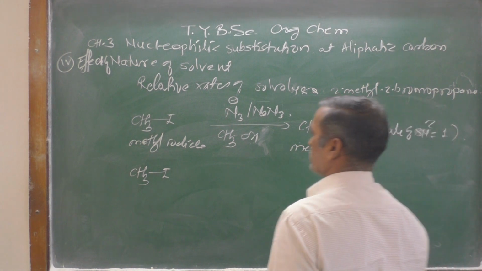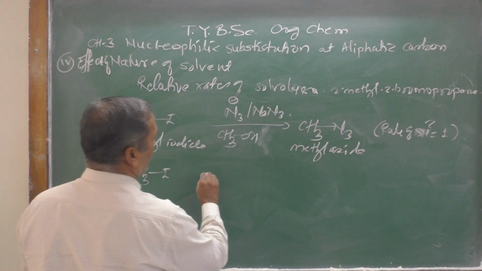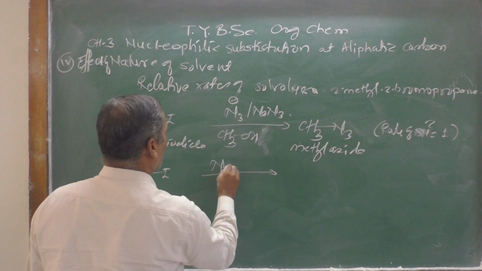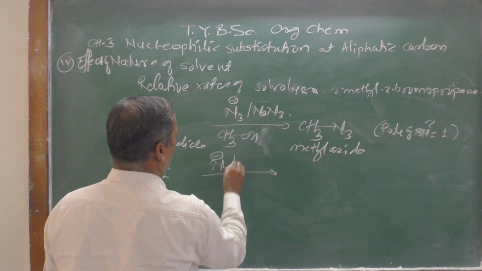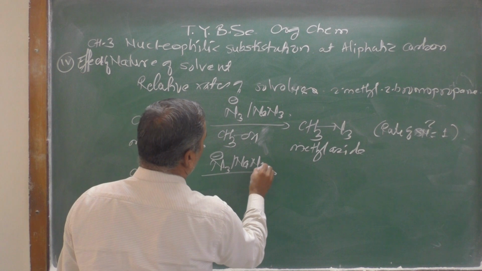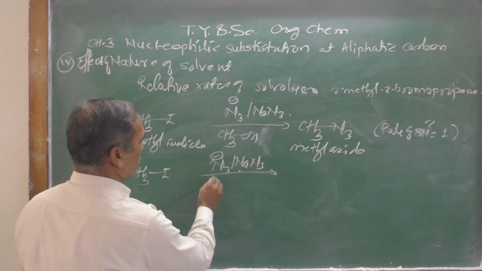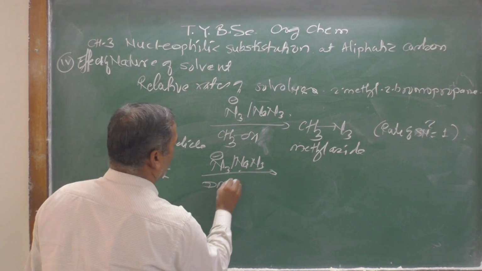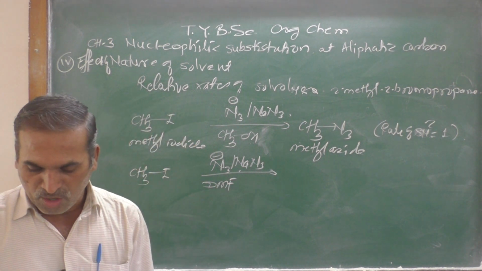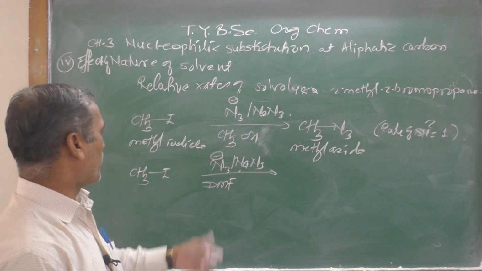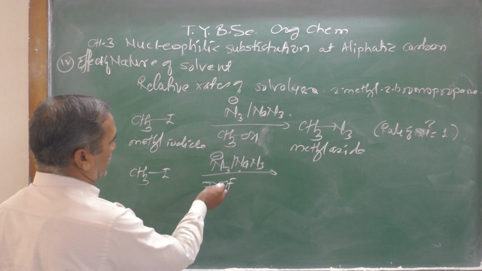one in this case. And similarly here, if you treat with the same sodium azide as the nucleophile, NaN3, but here the solvent used is DMF, dimethyl formamide. What is going to happen here?